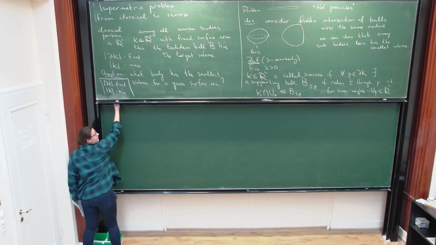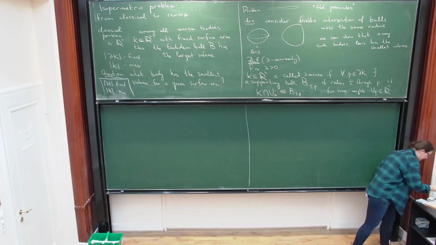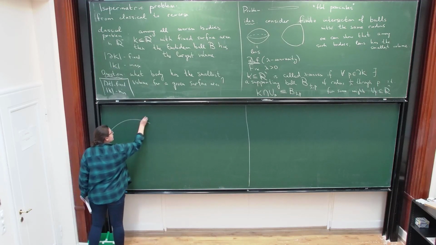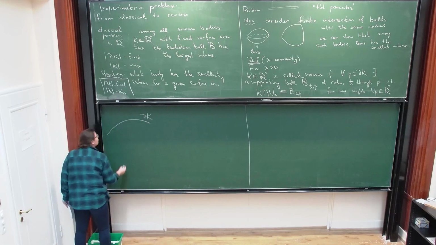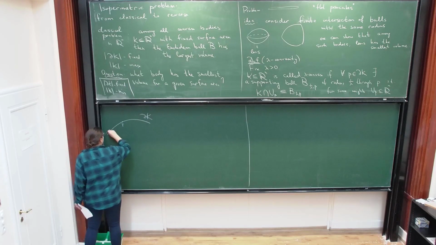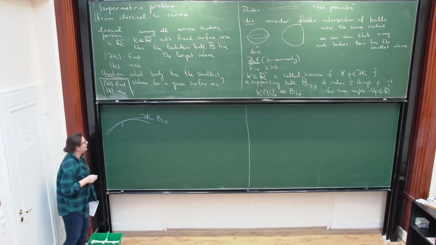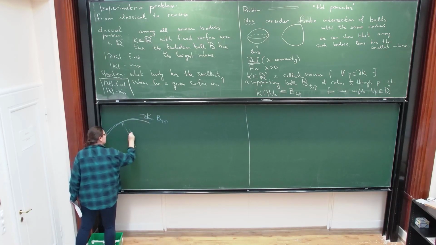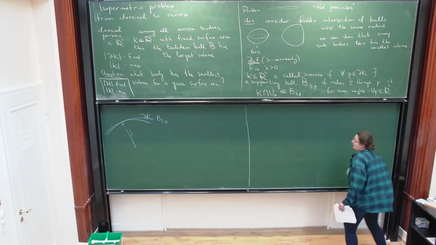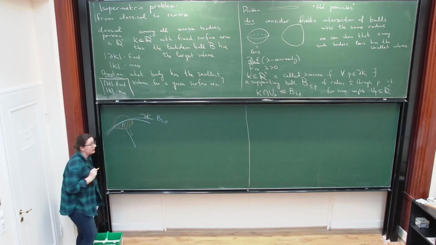So what does this condition imply? This condition says the following: if I take a body K, I look at the boundary of it, and I take the point P at the boundary, then there must be a ball of some radius 1 over lambda that touches the boundary at the point P, such that in some neighborhood around this point, the body lies completely inside this ball.